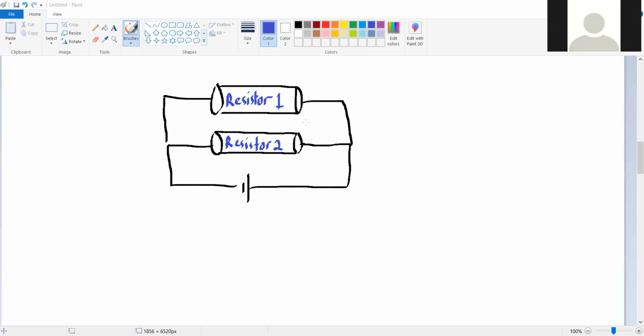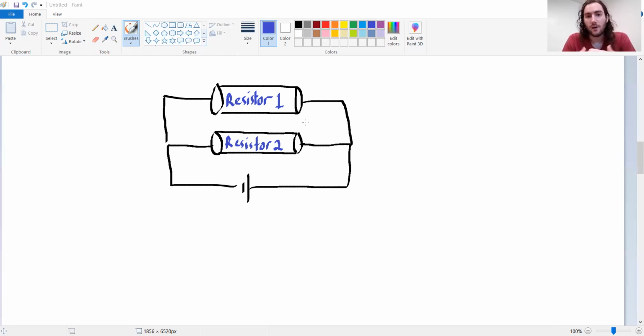If you doubled the area, I'm looking at the equation R equals length over sigma A. Because you double the area, it's going to make the resistance decrease by 1/2, right? Right, exactly. So having resistors connected in parallel decreases the resistance.